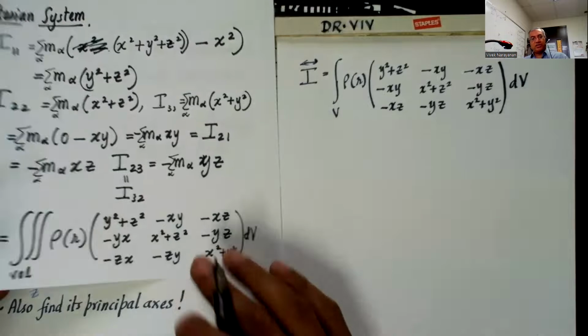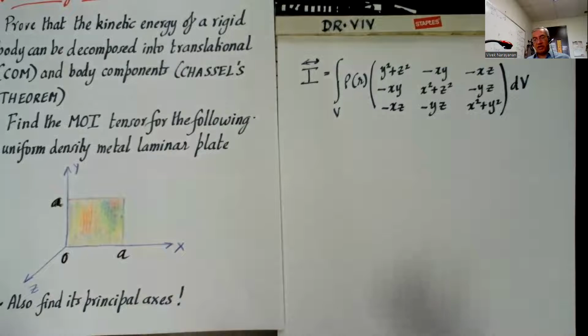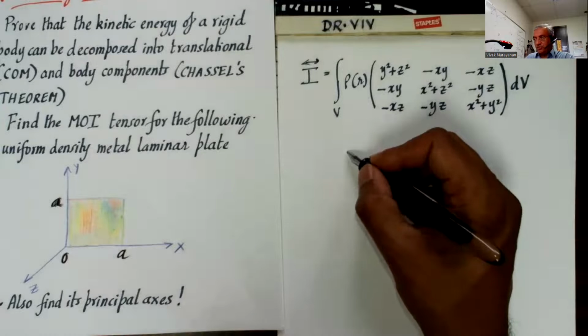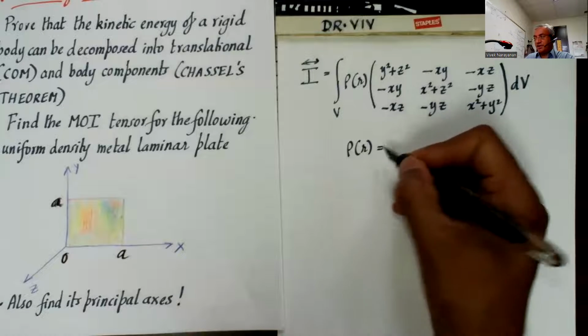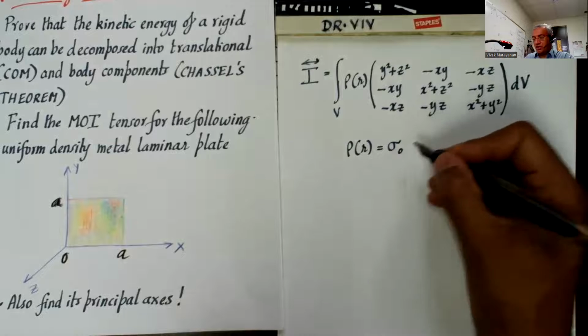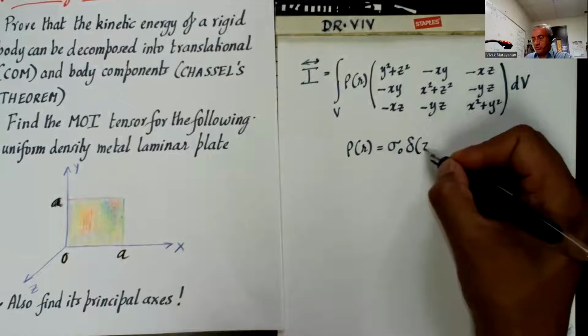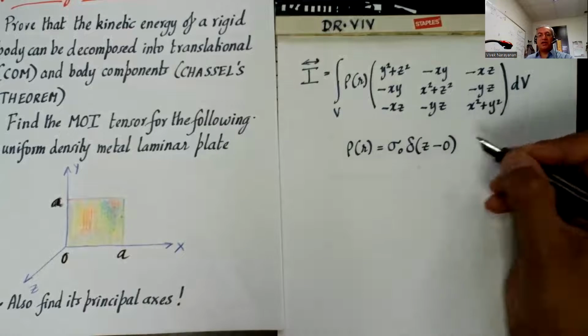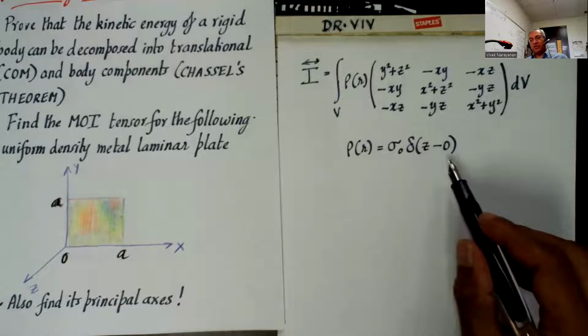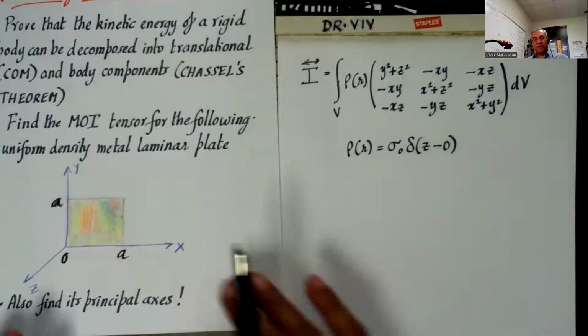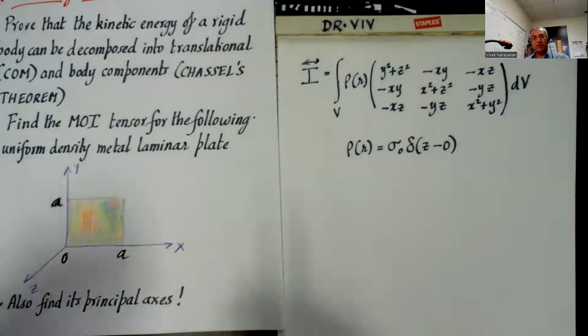All right, how to deal with a square plate? The square plate has got no rho. The proper density to use is sigma. So what we're going to do is introduce the so-called delta function. So it's sigma naught times delta of z minus 0. The delta function tells you that this quantity is zero except when z equals 0. And z equals 0 means being on the xy plane.